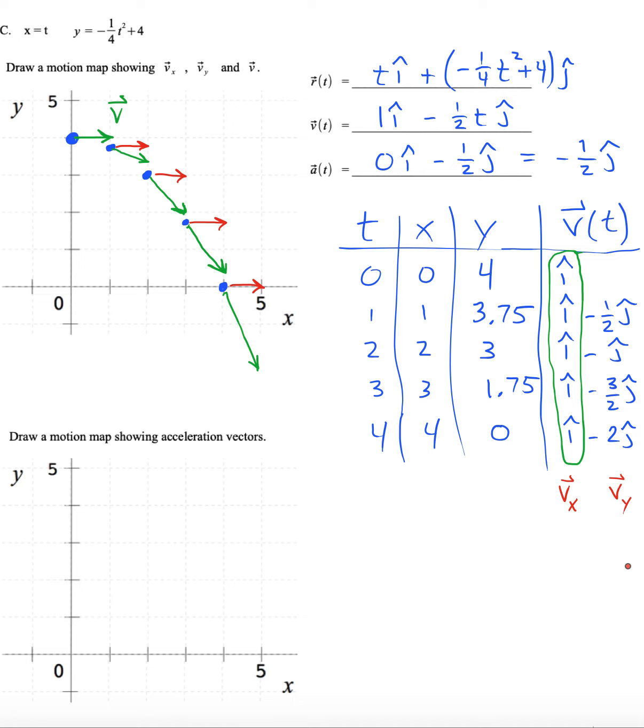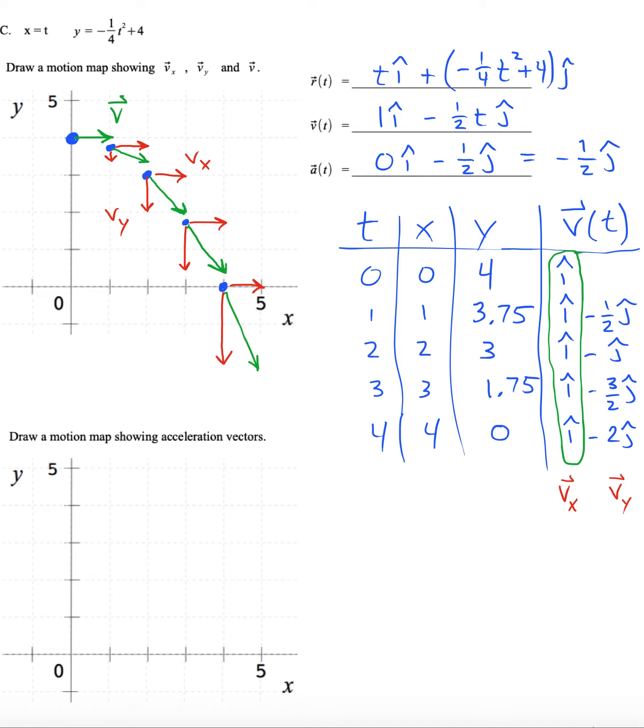But the vertical component is changing. It's getting larger and larger in the negative direction. There's our components, Vx and Vy.